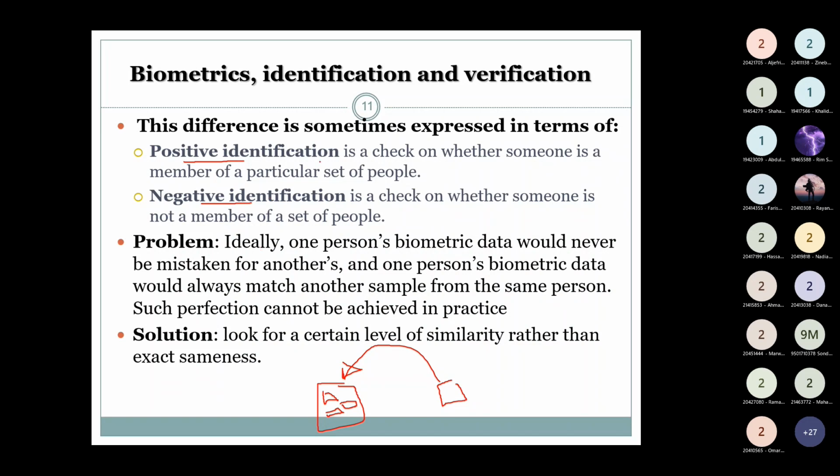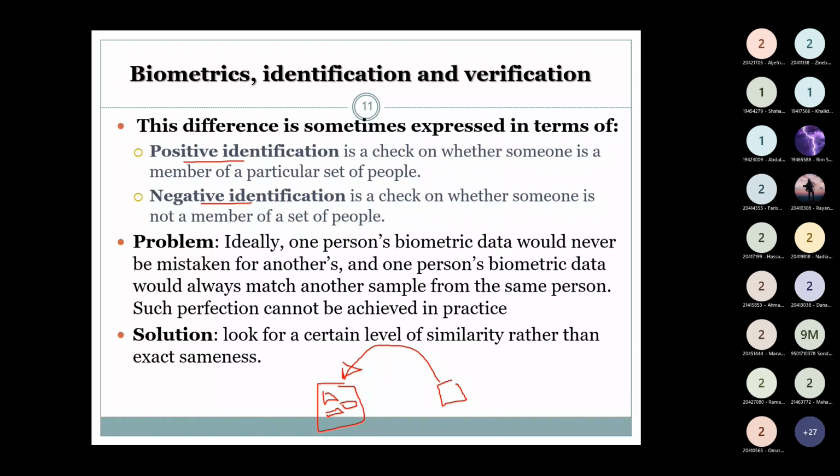Negative identification is a check on whether someone is not a member of a set of people. So for positive identification, we compare to see if this person is already a member.